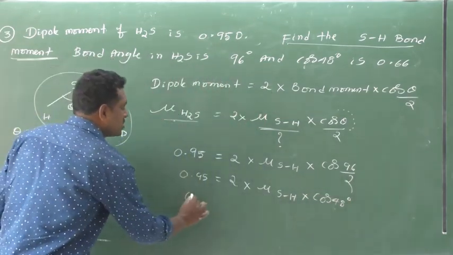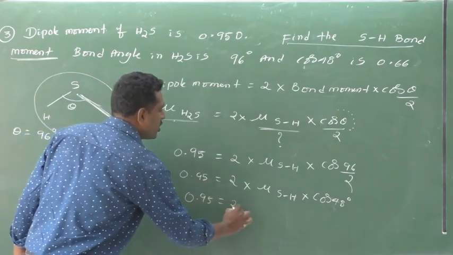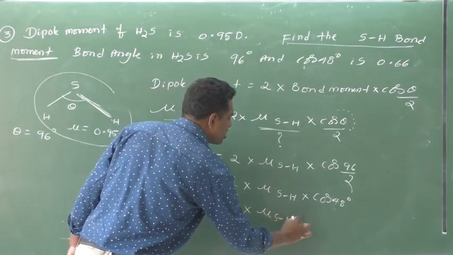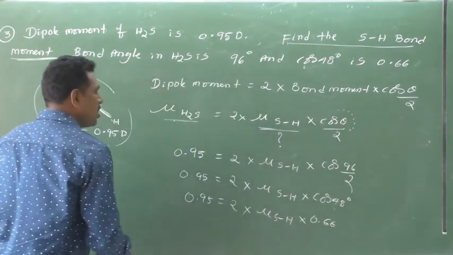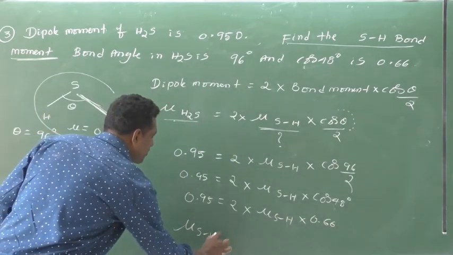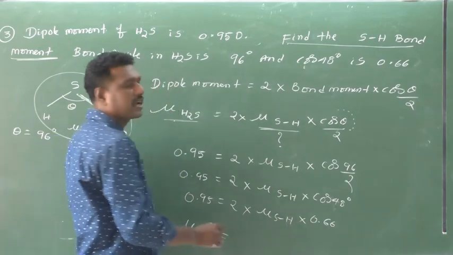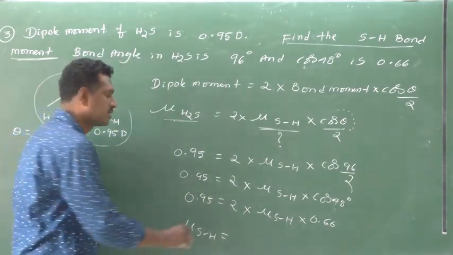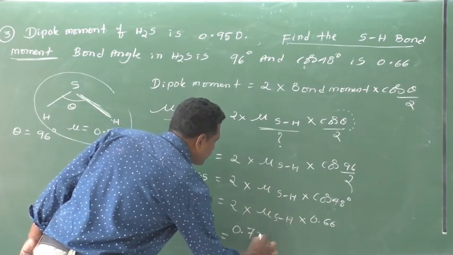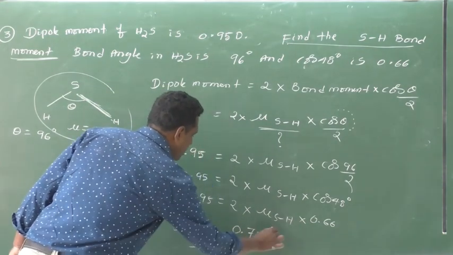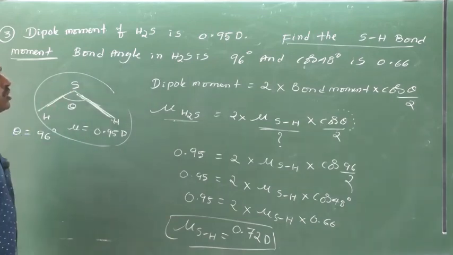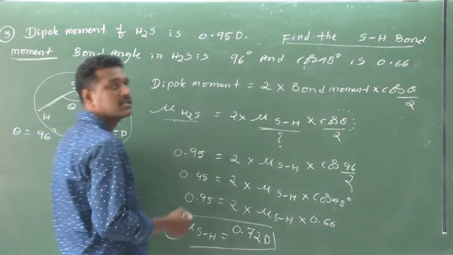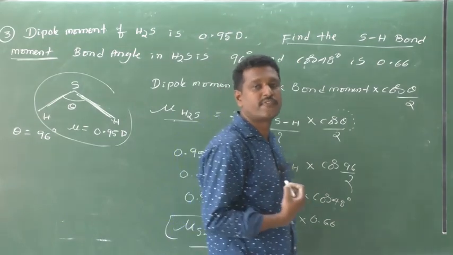So 0.95 equals 2 into bond moment of SH into 0.66. So mu SH is equal to, how much do we get? 0.72 D. This is the bond moment of the SH bond. So bond moment is also calculated by using this formula.